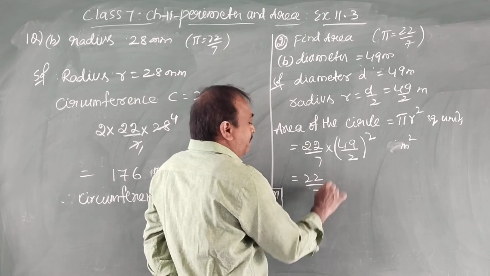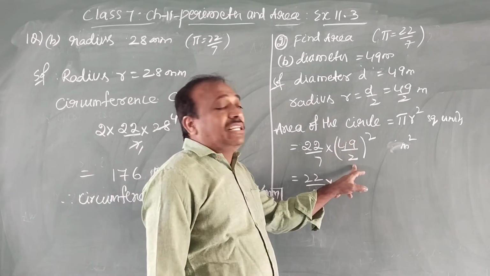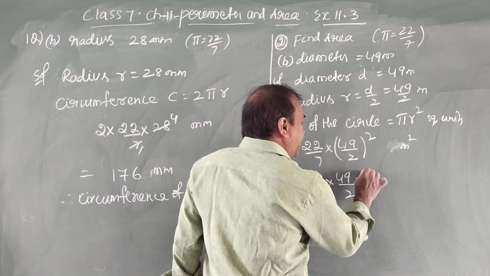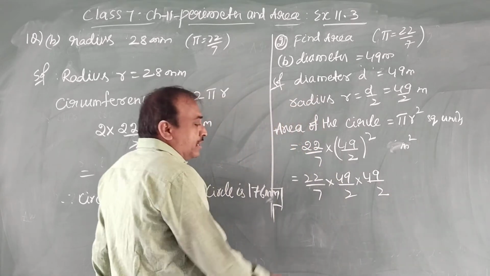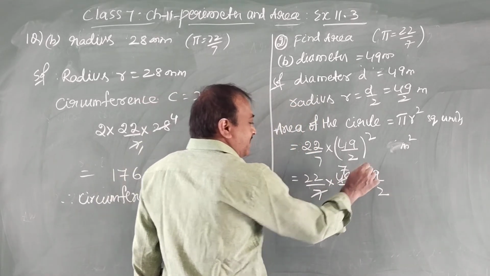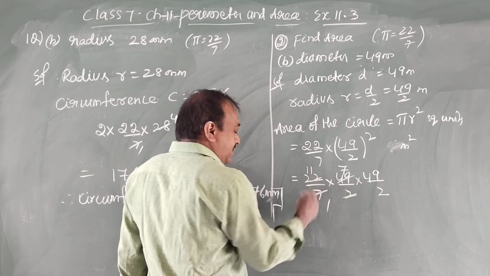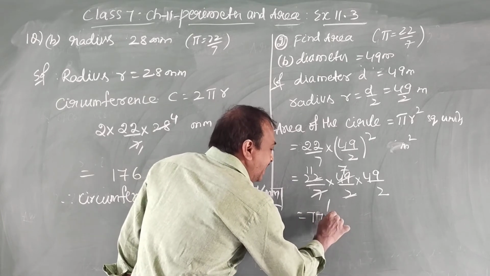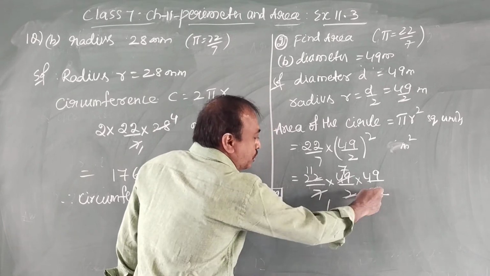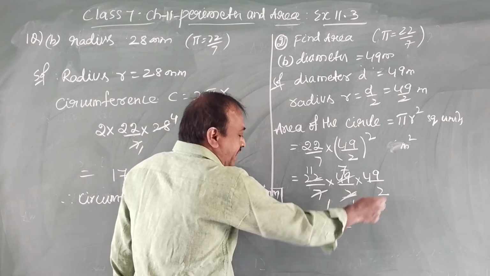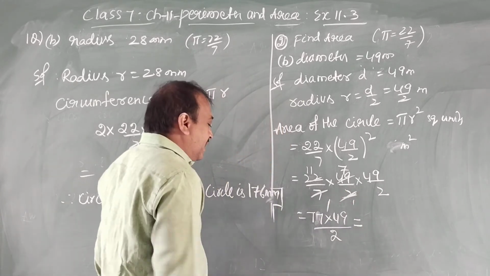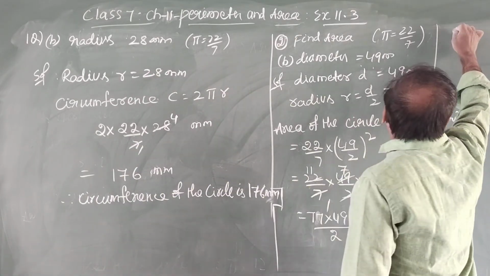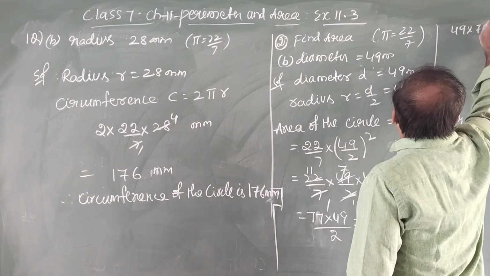So 22 by 7 into 49 by 2 into 49 by 2. 7 sevens are 49, and 2 elevens are 22, so that leaves 11 into 7, 77. So 77 into 49 by 1 into 2. The 22 cancels with 2, so we need to multiply 77 into 49.